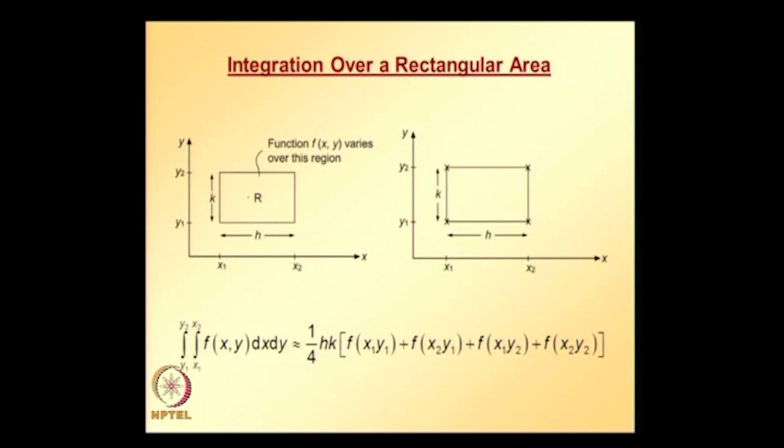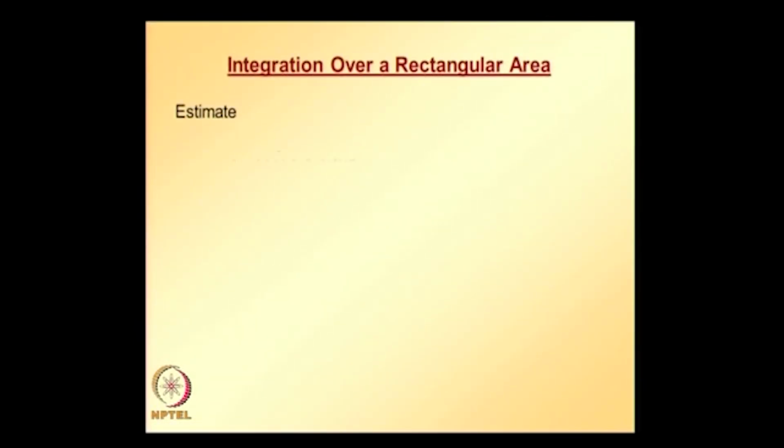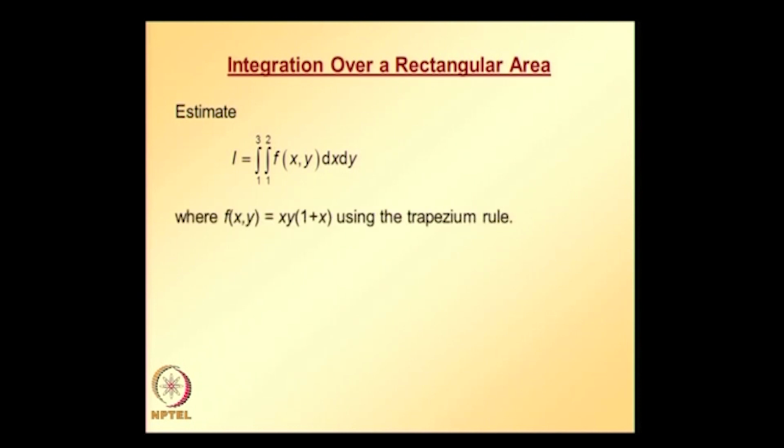So now let us apply this formula to estimate an integral like this, integral 1 to 3, 1 to 2 of f(x,y) dx dy, where this function f(x,y) is xy times (1 + x), using the trapezium rule.